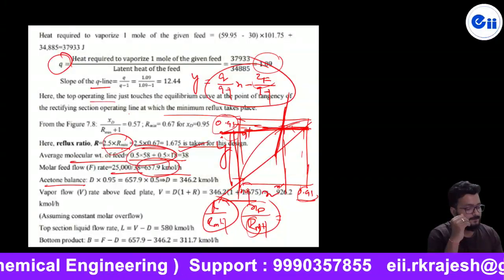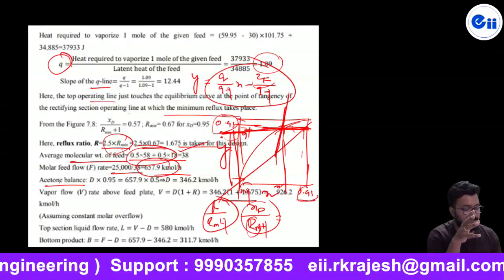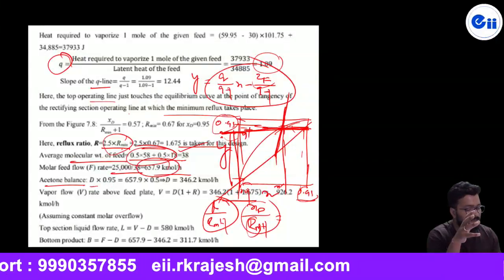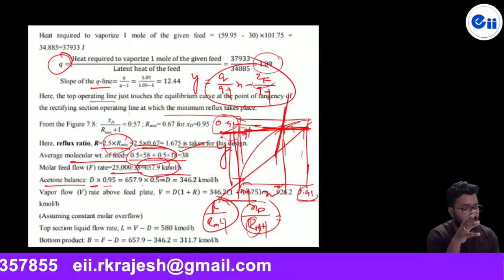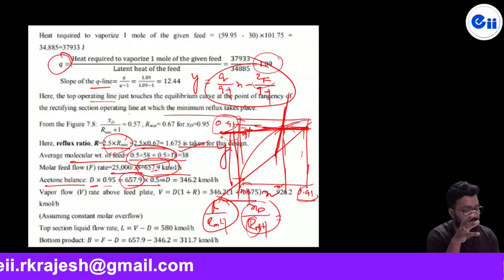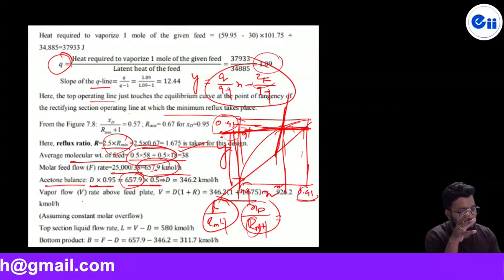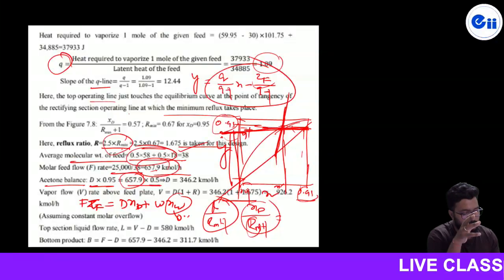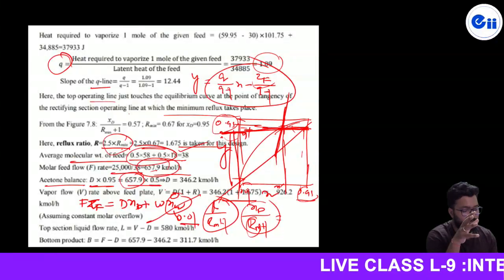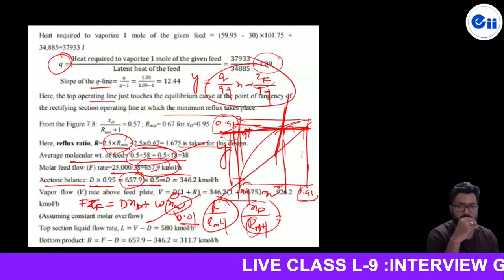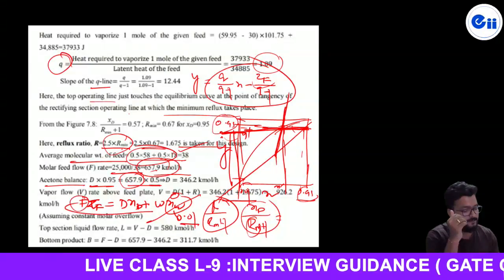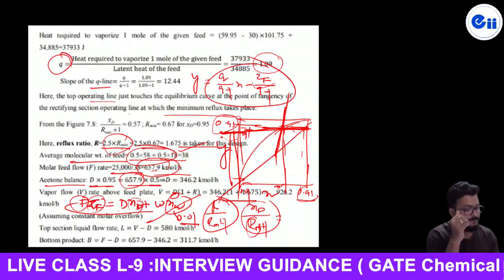And as far as the overall balance is concerned, F into zF is equal to D into xD plus W into xW. Actually xF is 0.5, and xW is 0.01. 1% is very negligible, we can neglect it. Less than 1% is required, that's why we can neglect this. And by this way, F is given to you, zF is given to you, xD is given to you, so you can go for the D.